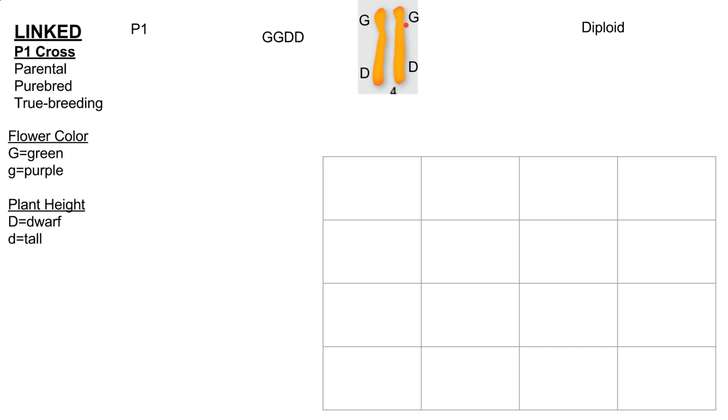You still have a backup version of every gene because it's diploid. This other P1, again, they're linked, they're recessive, because when we're talking P1, we're talking true breeding, which means they're not carrying any different alleles than what they are displaying.